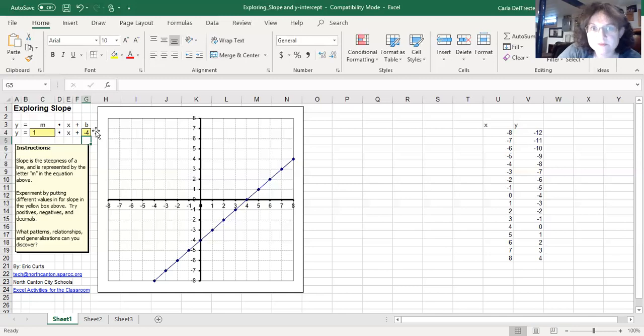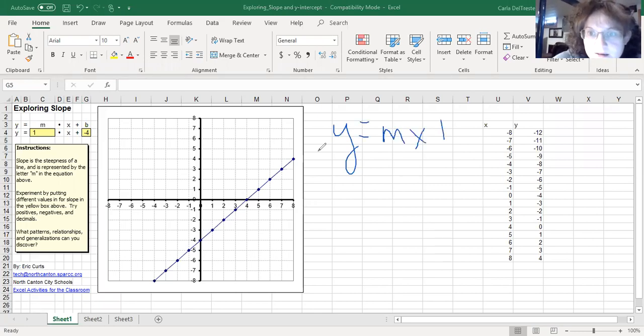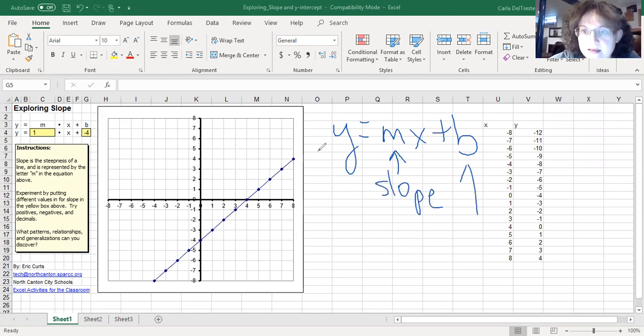And we just put together this concept of y equals mx plus b. If you have your equations solved for y like this, the coefficient on x is always slope, and the b is always the y-intercept, or in other words, (0, b).